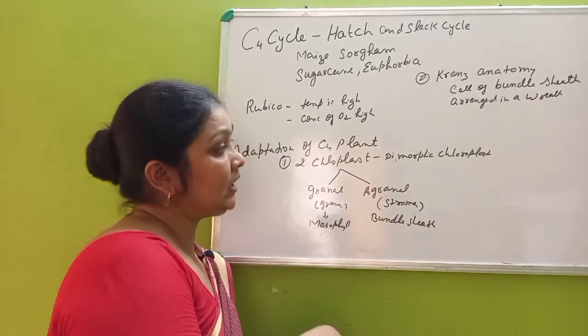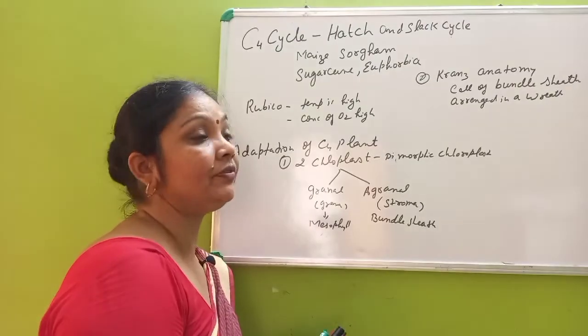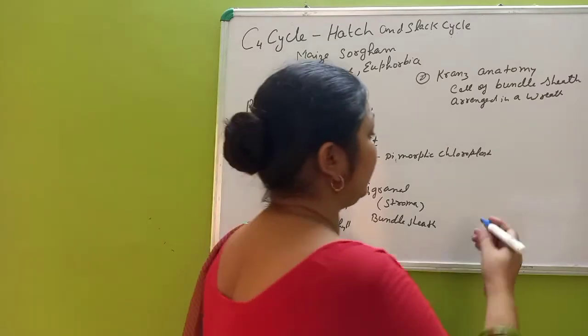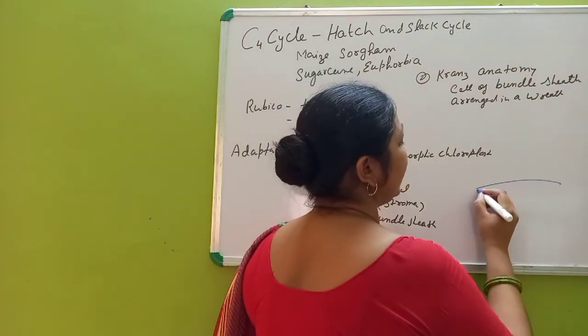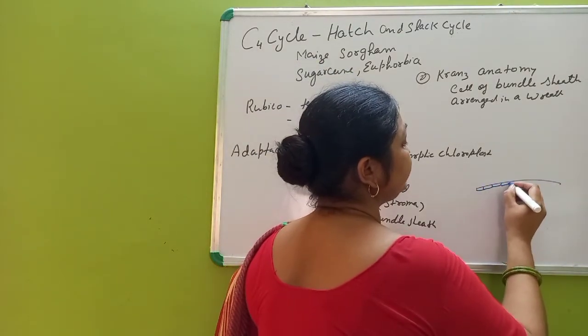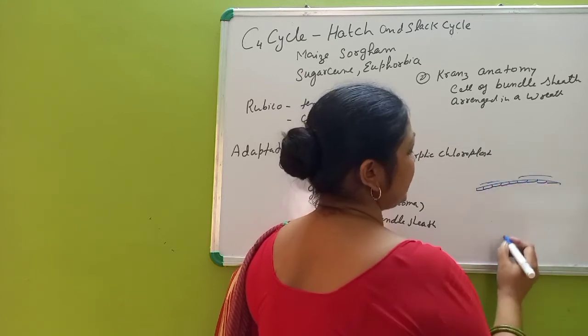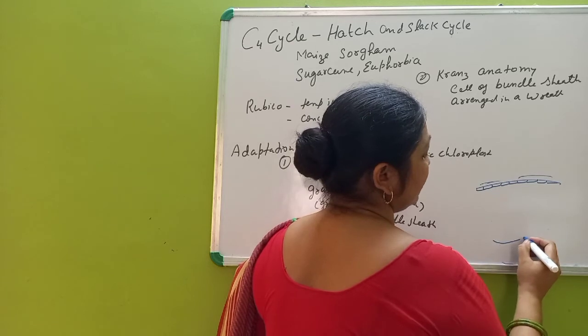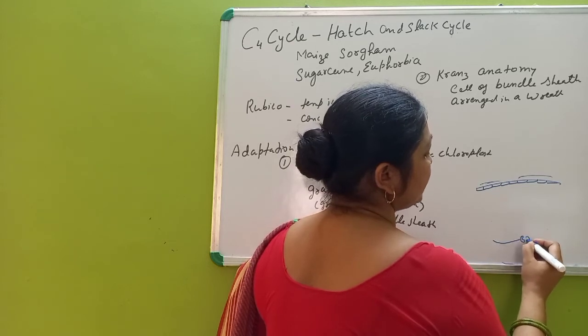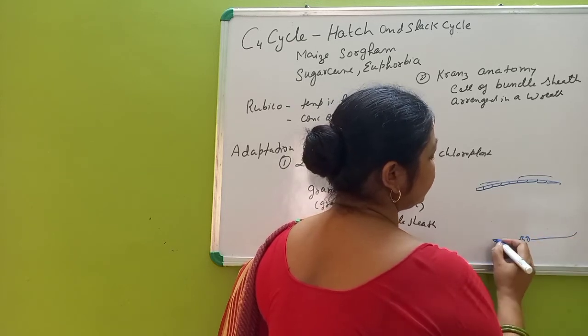Now let us see the diagram or section of a leaf showing the Kranz anatomy. Suppose this is the upper epidermis. Over here the cuticle will be present. This will be the lower epidermis along with the stomata.